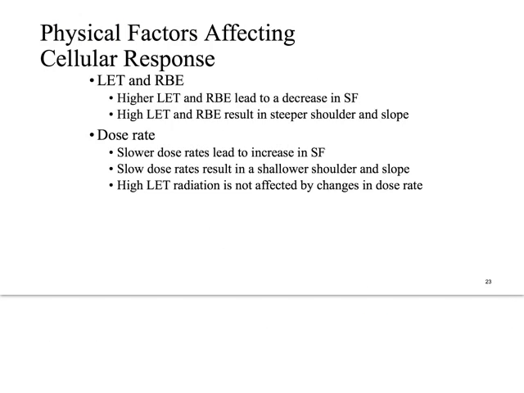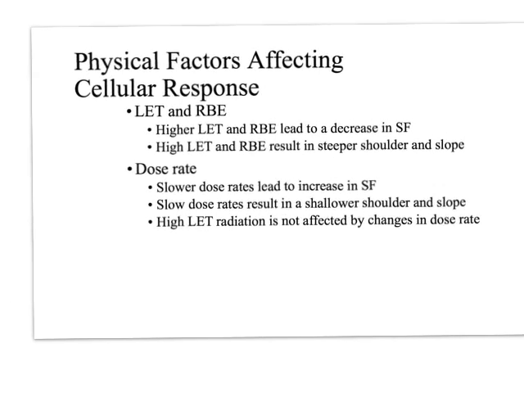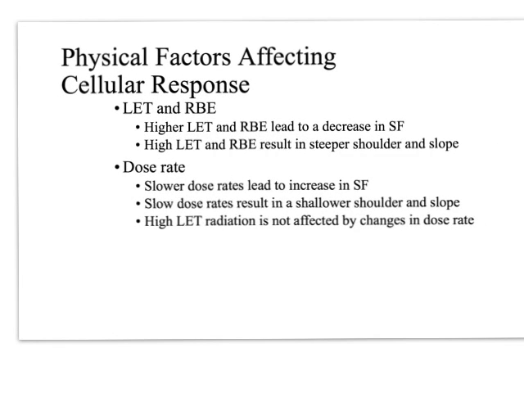All right, but there's not just these, as we mentioned, there's not just these physical factors. Let's just recap real quickly these physical factors that relate to radiation dose. So there's LET and RBE. So the higher the LET and the RBE, these are going to lead to an increased fatality number. Okay? I'm sorry, that's SF, it should be surviving fraction.